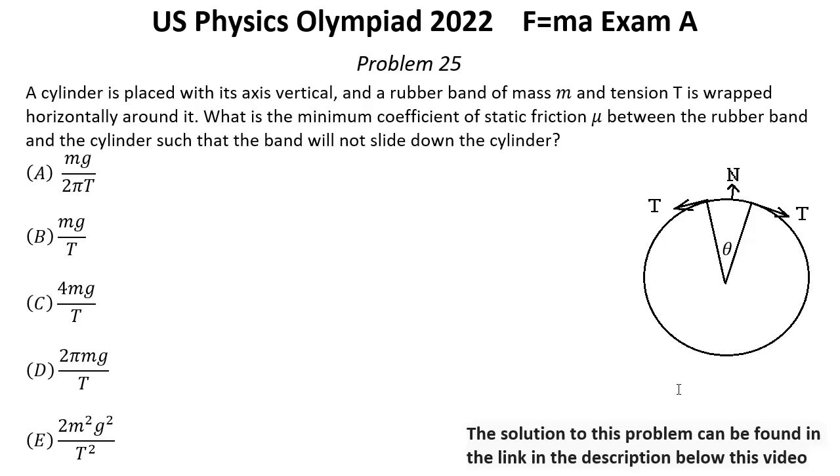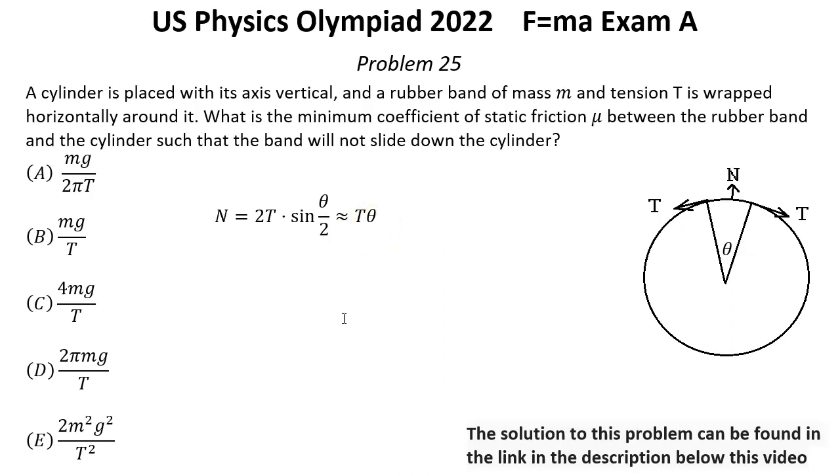So it means that the projection of these two tensions T must be equal to the normal force, which equals T multiplied by sine of theta over 2, which for small angles is approximately T multiplied by theta.